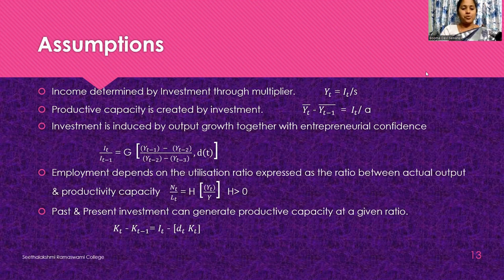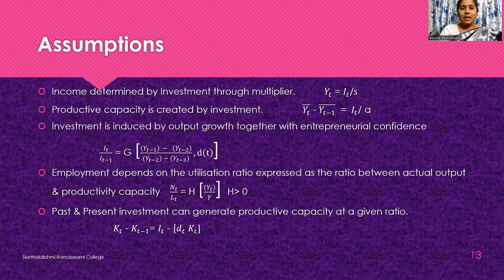The fourth assumption is that employment depends on the utilization ratio, which is expressed as the ratio between actual output and productive capacity. It can be written as N_t divided by L_t is equal to H into Y_t divided by Y bar, where H is greater than 0.